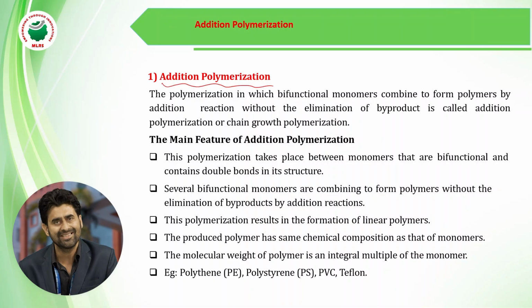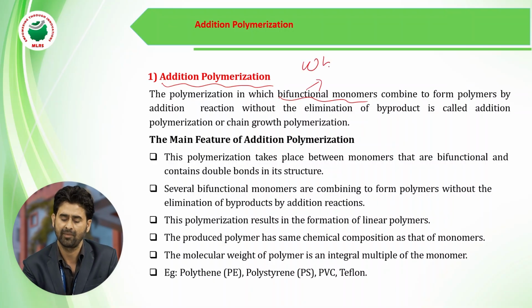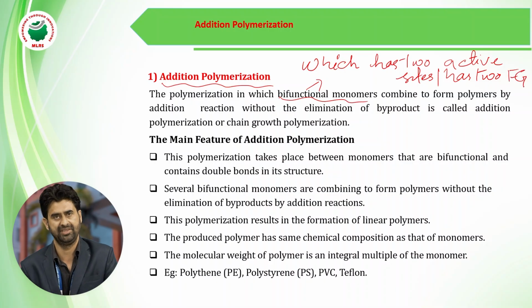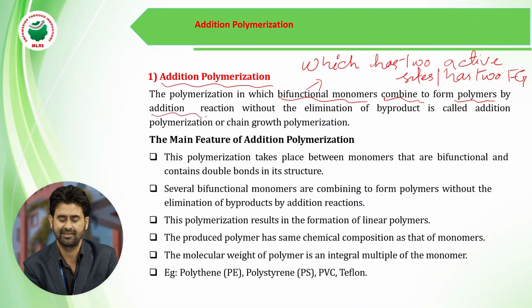It is the polymerization in which bifunctional monomers, which have two active sites, or we can say two functional groups (FG means functional groups), combine to form polymers by the reaction that we call addition reaction.